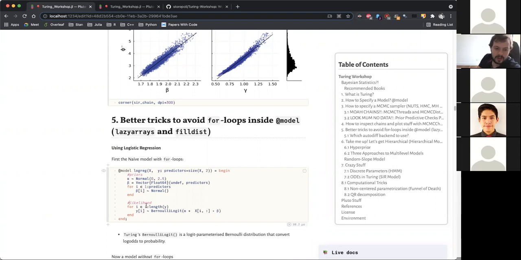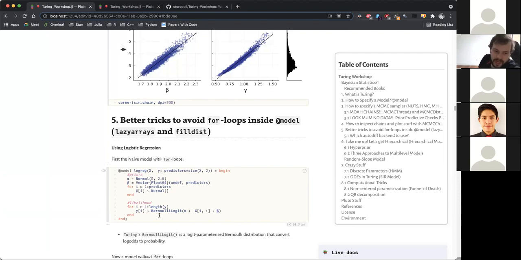I go to the likelihood, and I say, okay, for all observations, my likelihood is a Bernoulli logit with the alpha, the intercept, plus the columns of the observation, the vector of observations times, this is a dot product, this is the C dot, or you can use dot, the function, times my vector beta.